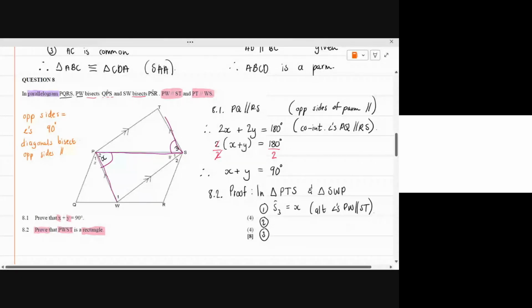Abu is saying that PS is common. He's not wrong. PS is common. Let's add that in there. What else can we prove? I'm going to name this part P3, and I'm hoping that's giving some things away. Does that give something away? Anybody got an answer there for me?